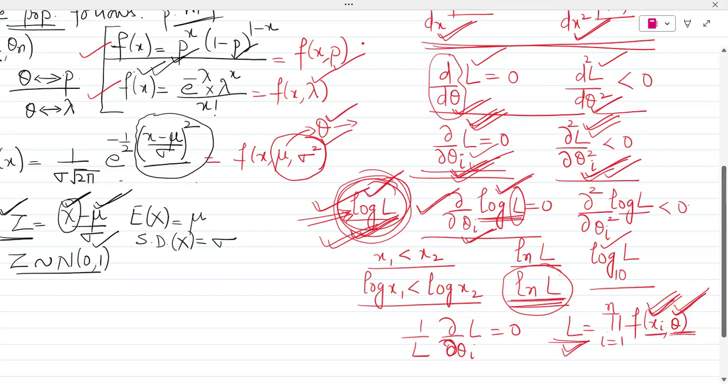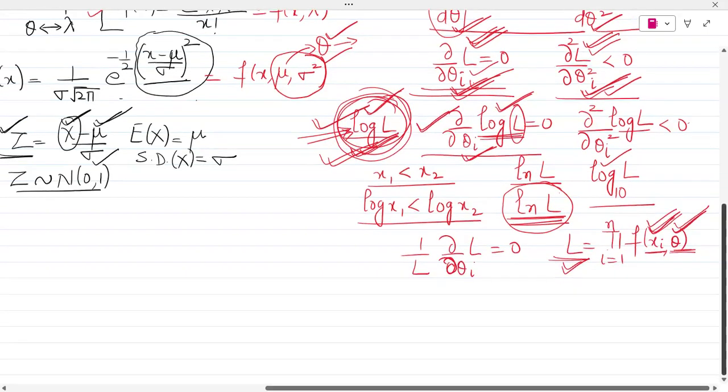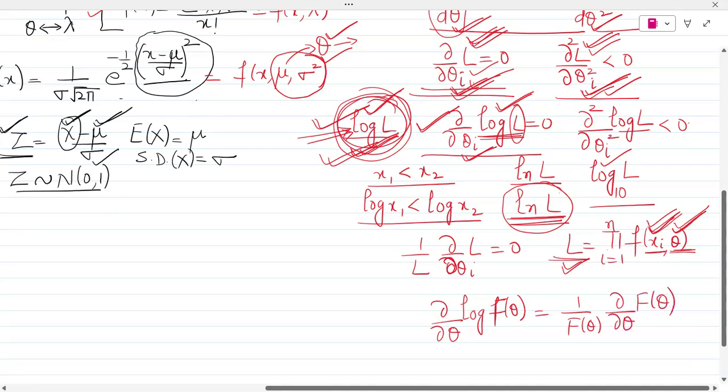For some function capital F of theta, the derivative of log F(theta) is 1 by F(theta) times the derivative of F(theta).